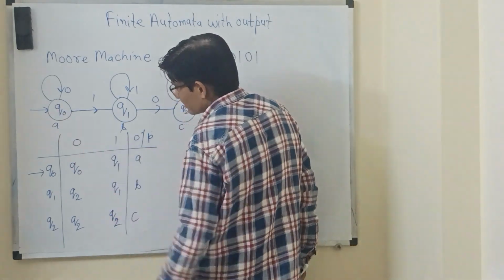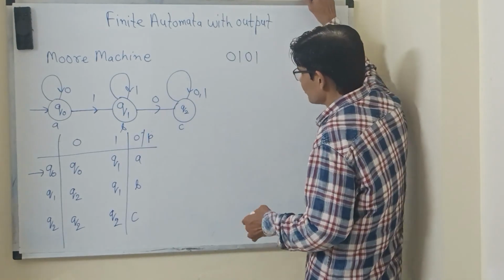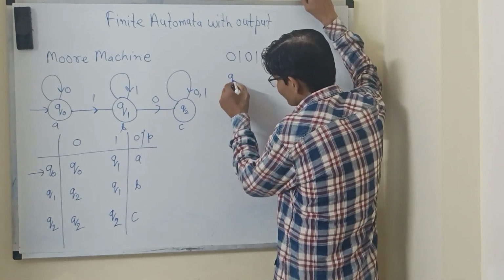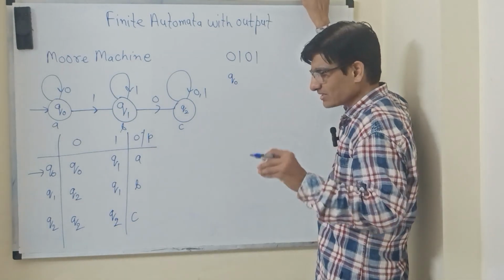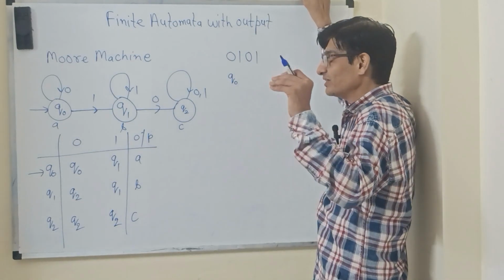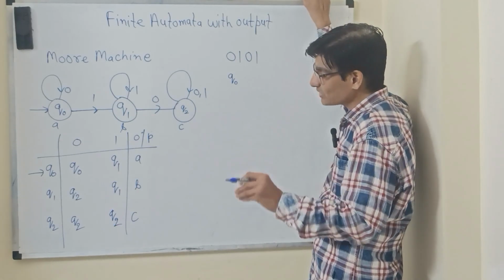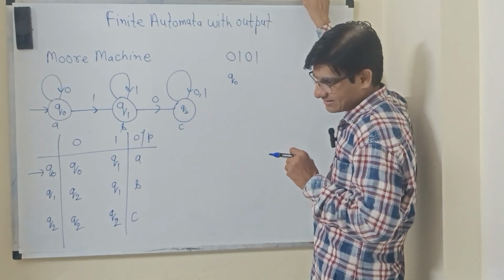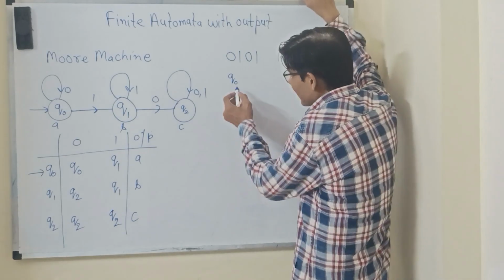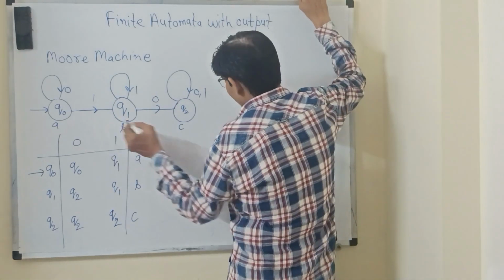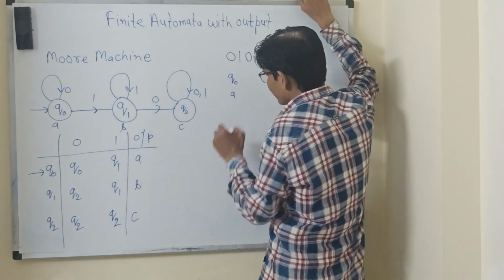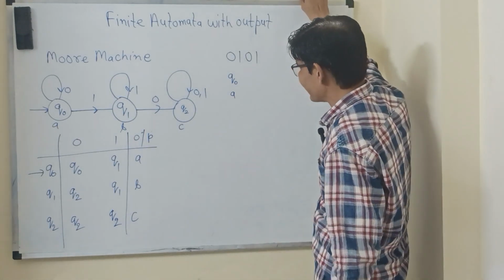The initial state is q0, so we are on q0. Whichever state the machine is in, it generates the output symbol associated with that state. As it is on q0, it will generate symbol a there.